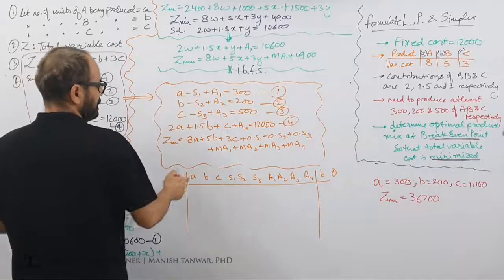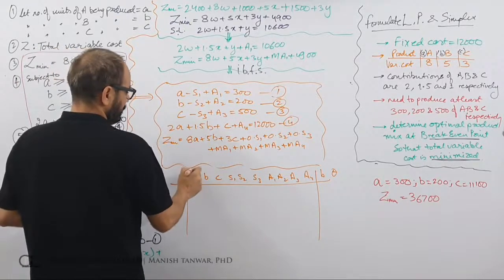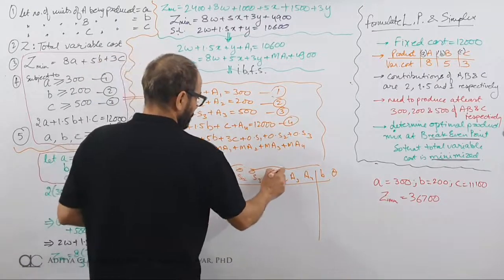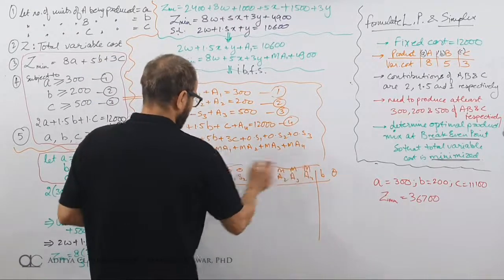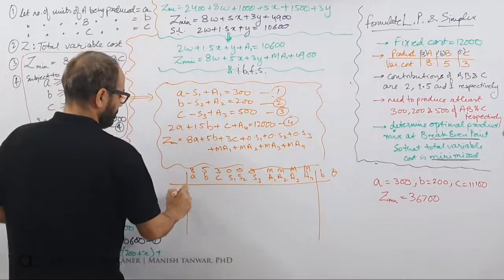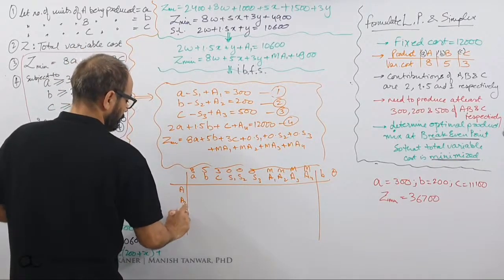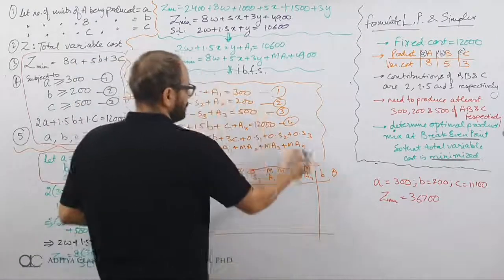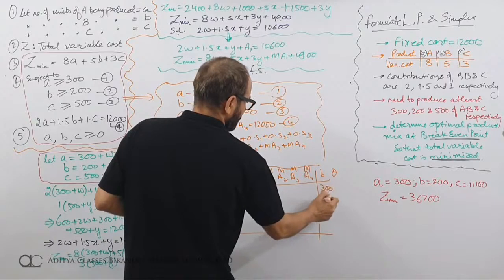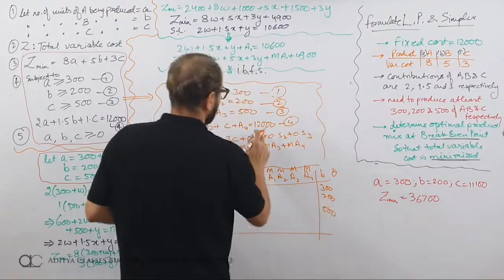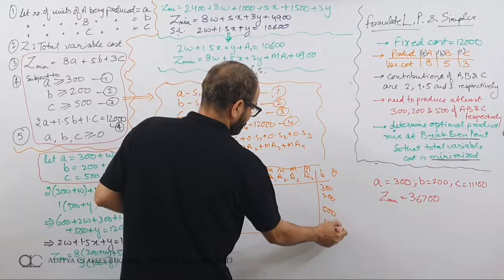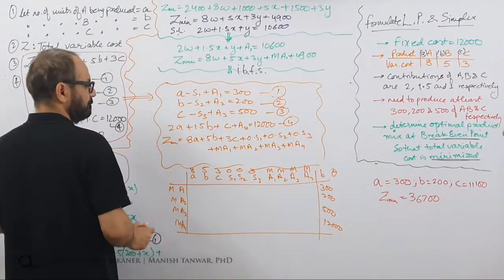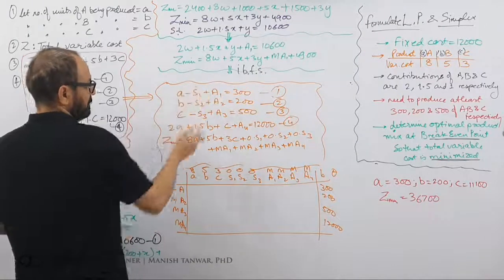You have 4 constraints. Your contributions coming from Zmin would be 8, 5, 3, 0, 0, 0, M, M, M and M. IBFS would be A1, A2, A3, A4, with values 300, 200, 500 and the last one would be 12,000. Contributions being M, M, M, M. You can fill in these constraints also.